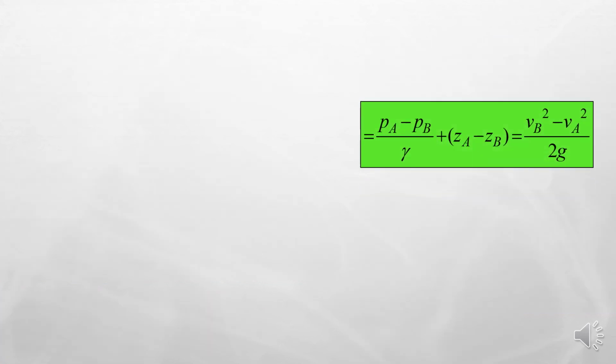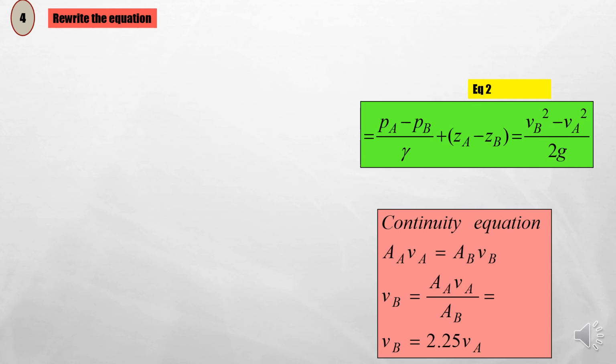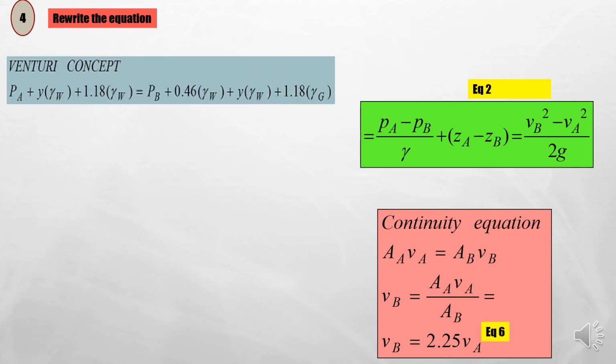We know that we have to use this Bernoulli equation to solve for VA. In this case, we can use two supporting equations. For example, in this equation, term 1 we can solve by using the Venturi concept, or the equation that we derived from the manometer side.